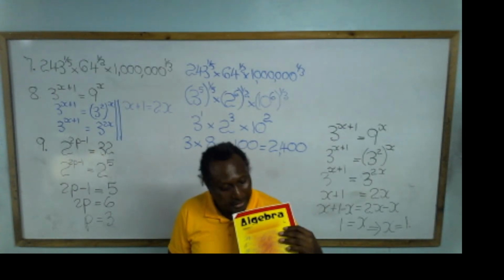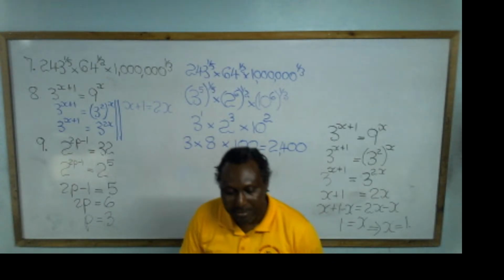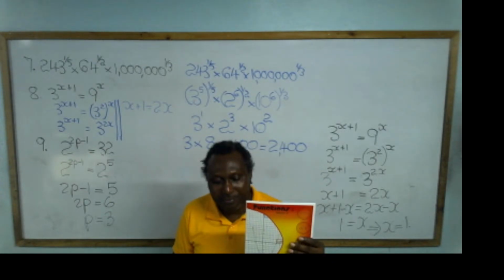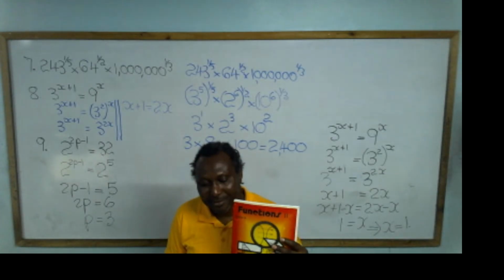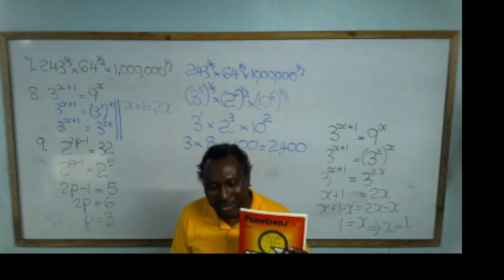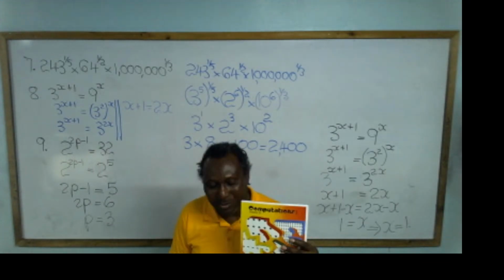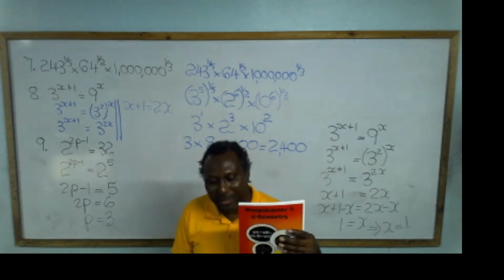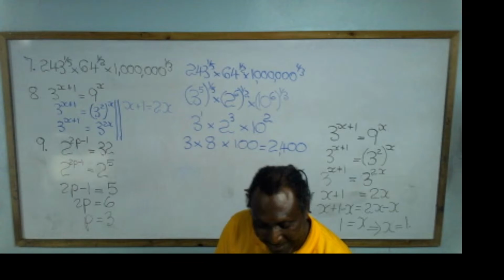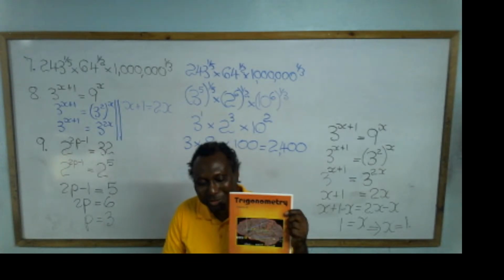This one, algebra, is for $2,000. 1,500. 2,500. No more for 2,500. This one is for 1,500. This one is for 2,000. And finally, this one is for 1,500, your trigonometry.